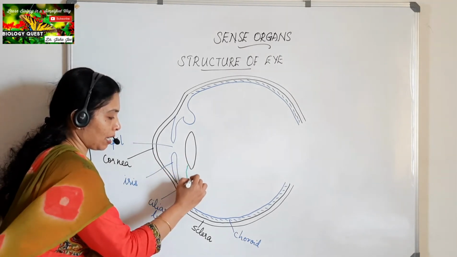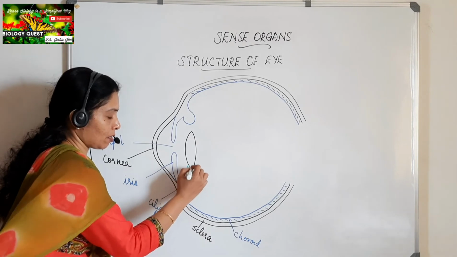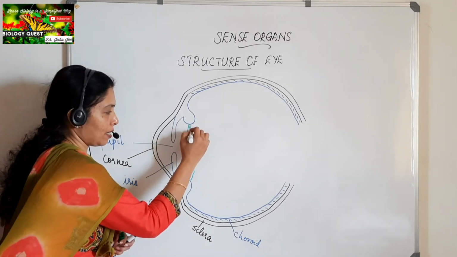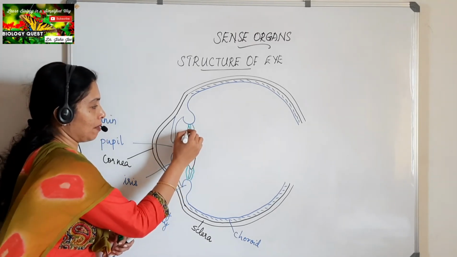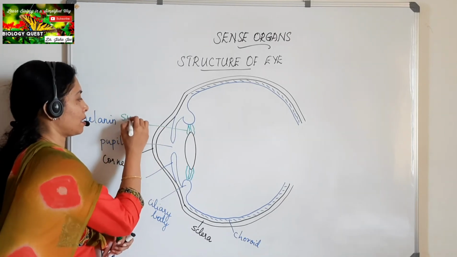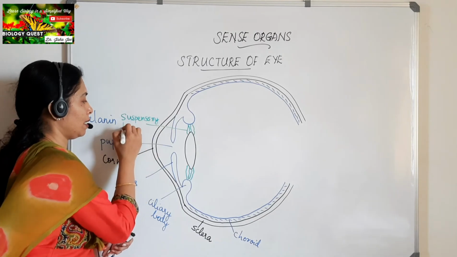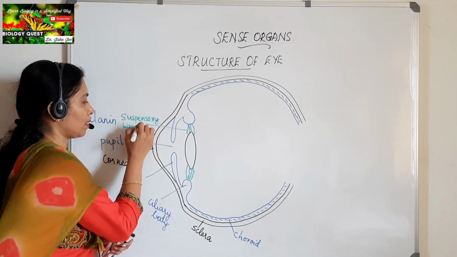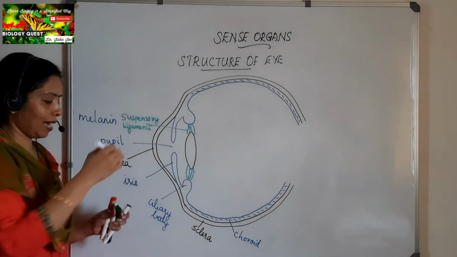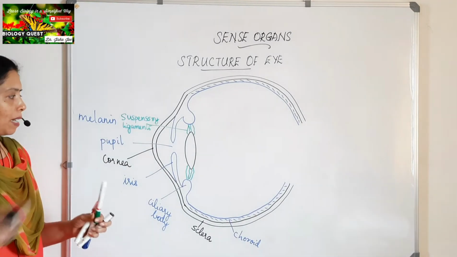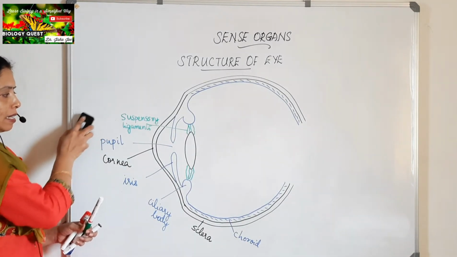You can see the fibers attached there. These fibers are called the suspensory ligaments. So the lens is attached to the ciliary body by means of the suspensory ligaments.